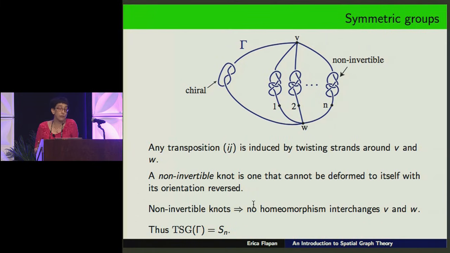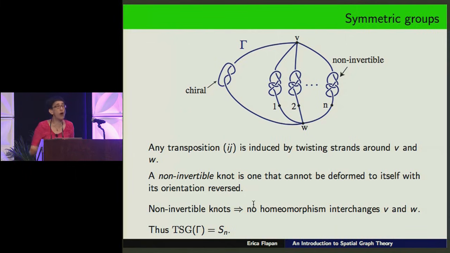And so we can in fact do any transposition. If I grab two of these edges like 1 and 2, I can switch their order by rotating them around vertex V and W. And so you can see that we have the entire symmetric group Sn induced by homeomorphisms of this graph in space.